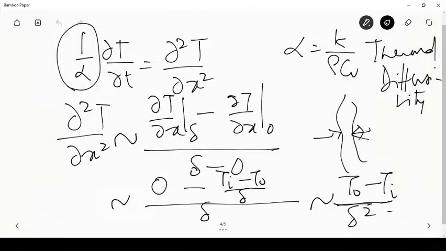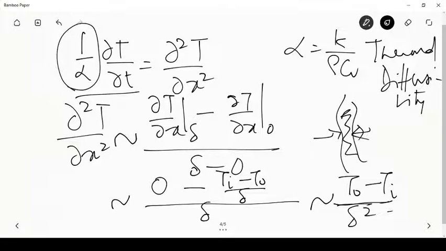So the left hand side is nothing but 1 by alpha del T by del t, and for this region, if you look at the del T by del t, the temperature was initially Ti, and now the temperature is going to reach something which is comparable to T naught. So if I say at time t the temperature is T naught, and at the initial time the temperature was Ti, then del T by del t is of the order of, again it's not equal because the temperature is not equally T naught everywhere, but it is T naught at one end and Ti at the other end.